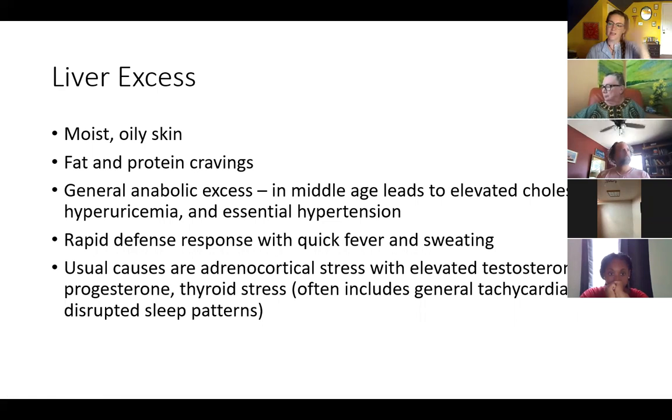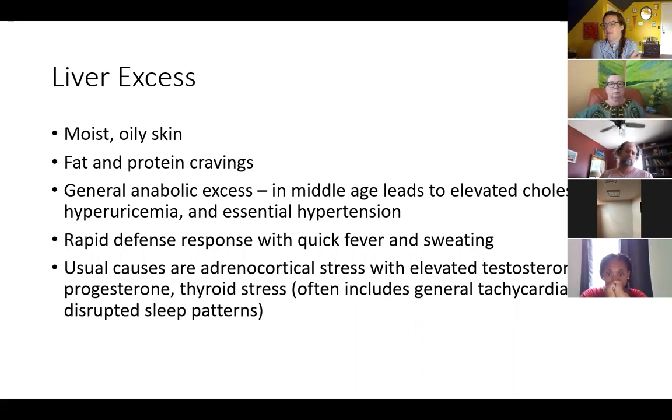So then liver excess. Moist, oily skin, you have fat and protein cravings, general anabolic excess. So in middle age it leads to elevated cholesterol, hyperuricemia, and essential hypertension.